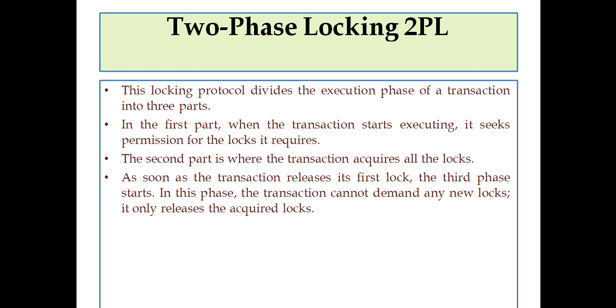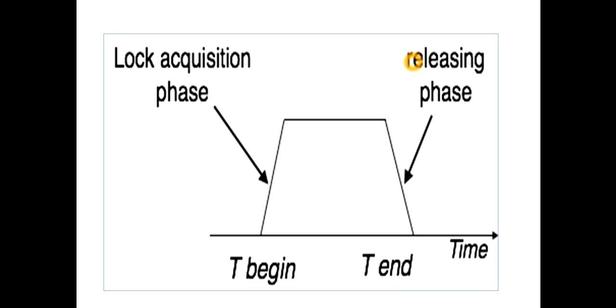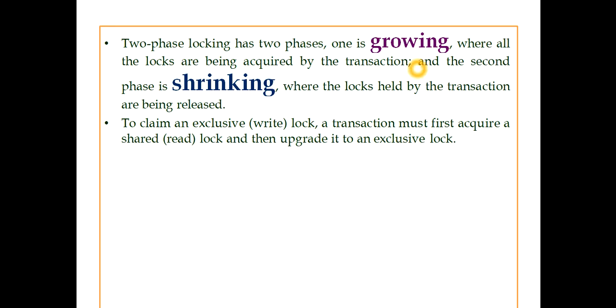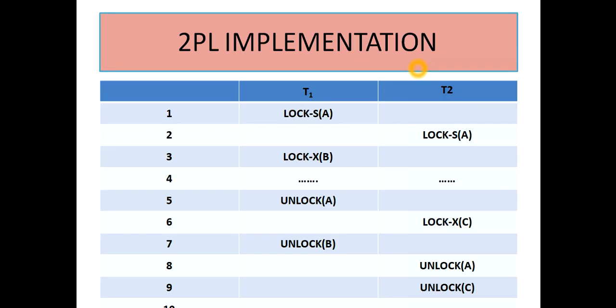It can only release the acquired locks. So these are the three parts of the two-phase locking protocol. The two phases are named the growing phase, where locks are acquired, and the shrinking phase, where locks are released.